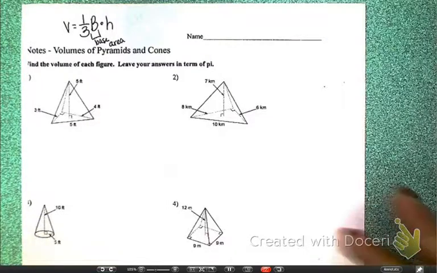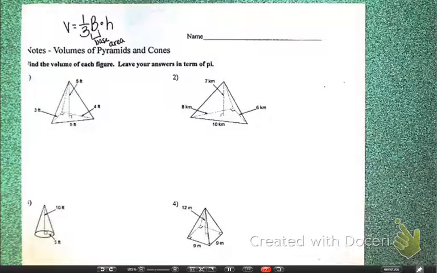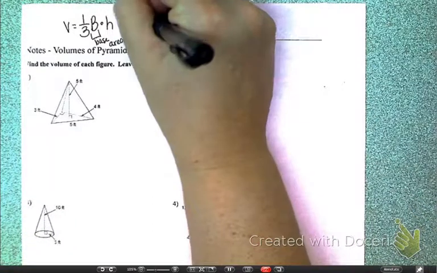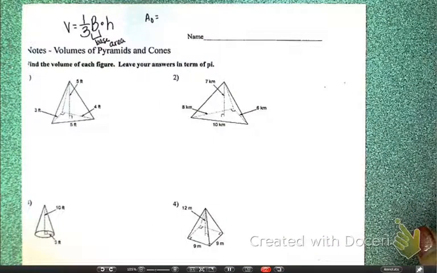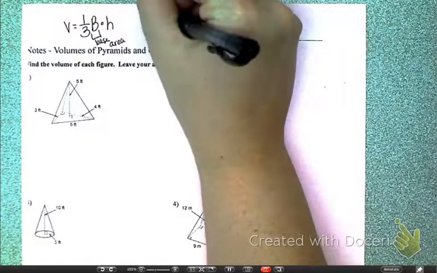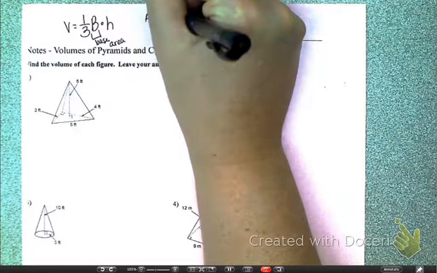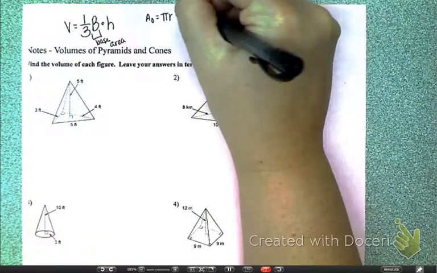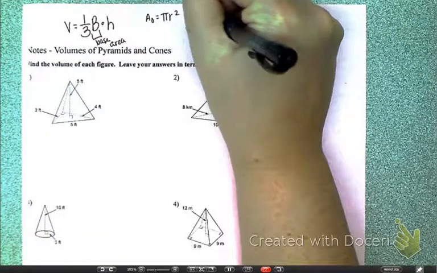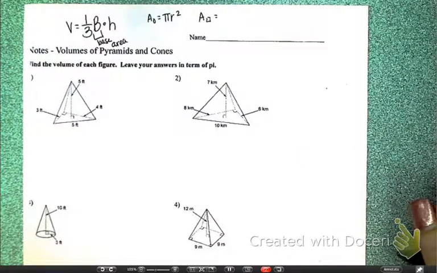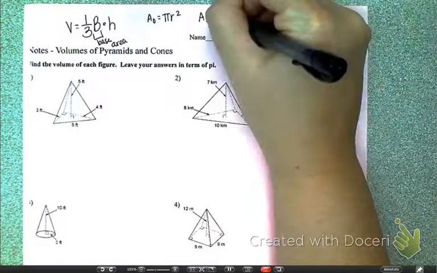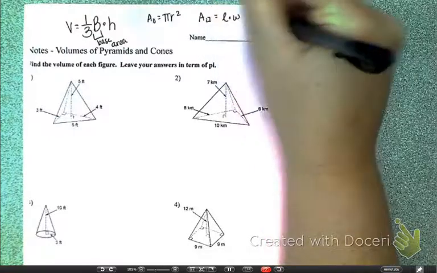Now the base areas are exactly like they were with prisms. So we could see a circle. What is the formula for area of a circle? Pi r squared. We could see a square or a rectangle. What's the area for a square or rectangle? Length times width. And we can see the area of a triangle.